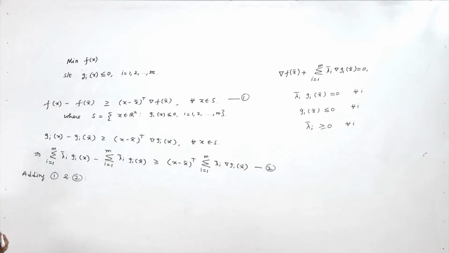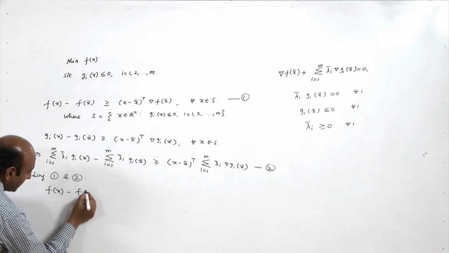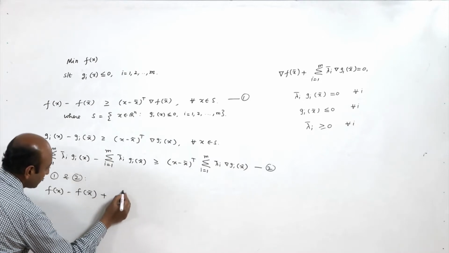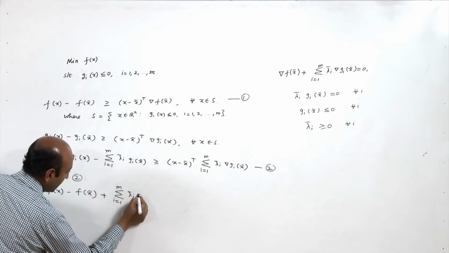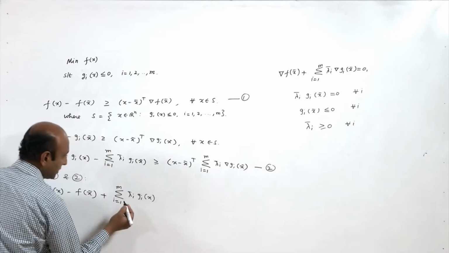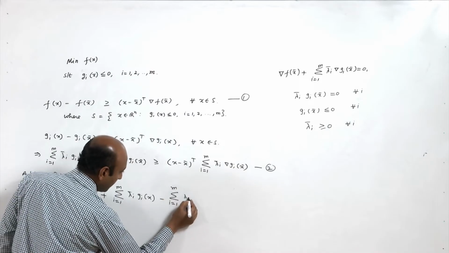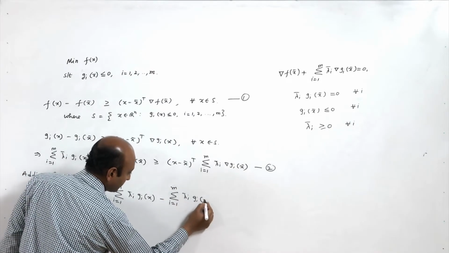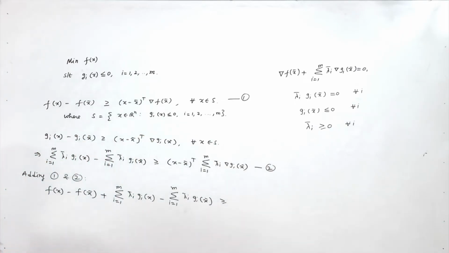The left hand side will be f(x) minus f(x bar) plus summation i from 1 to m lambda i bar g_i(x) minus summation i from 1 to m lambda i bar g_i(x bar), greater than or equal to. Now, what will be the right hand side?